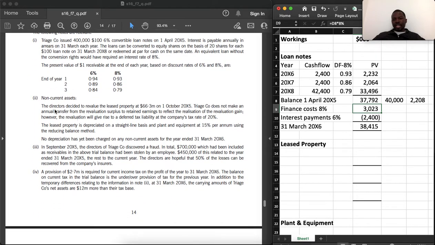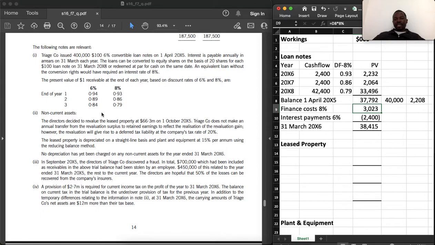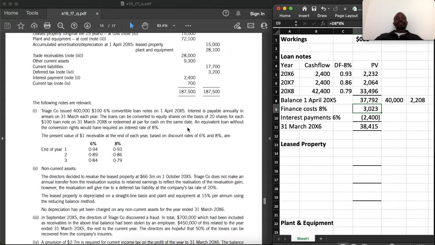Let's go to note number 2, which is the non-current assets. We've got a leased property that was revalued on 1 October 20x5. The beginning of the year is 1 April 20x5. So we'll say April, May, June, July, August, September. So that's 6 months. So this leased property was revalued at the middle of the year.